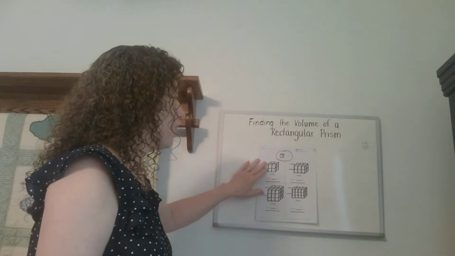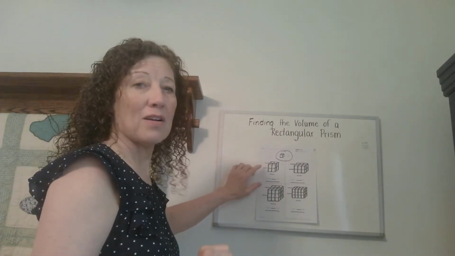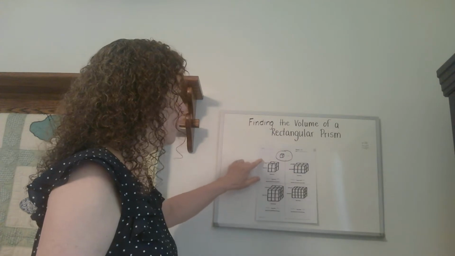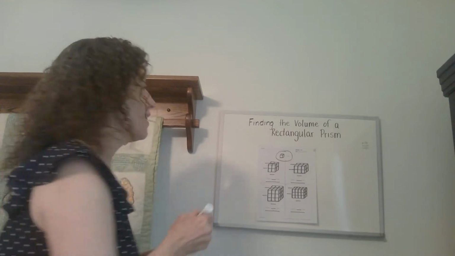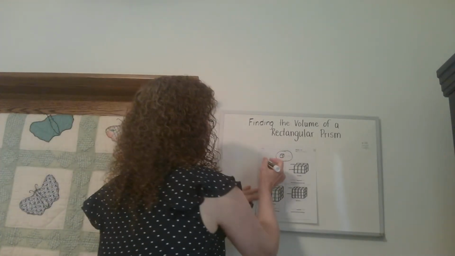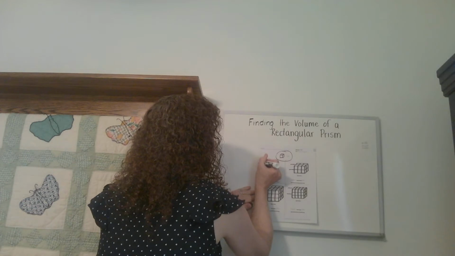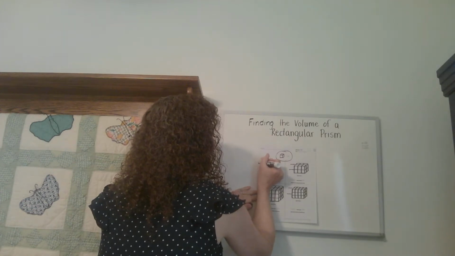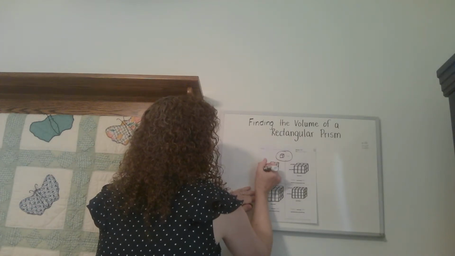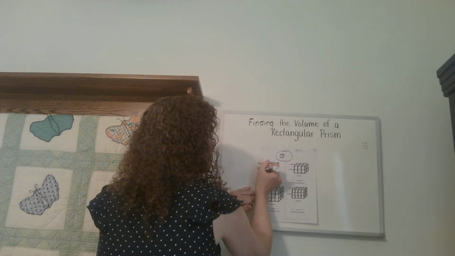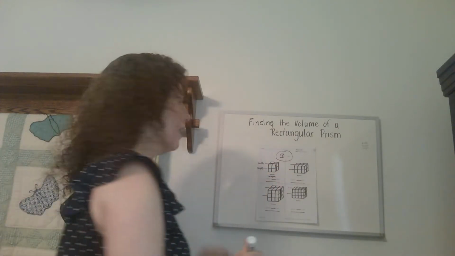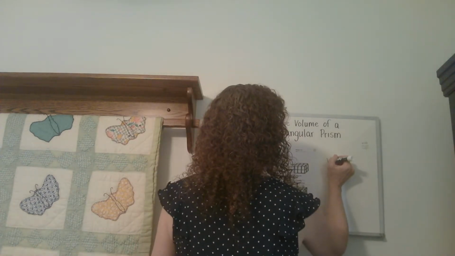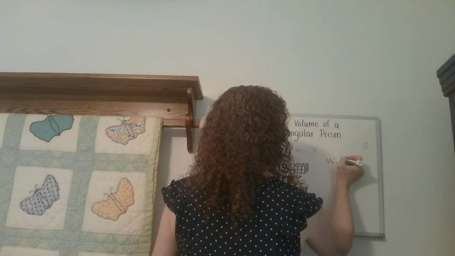Alright, so let's go to the first one here. On our papers we're looking at the width, the height, and the length. So on your paper, let's write, we're going to put the width, the height, and the length. You can't really see that, so I showed you where to write it. I'm going to say width.